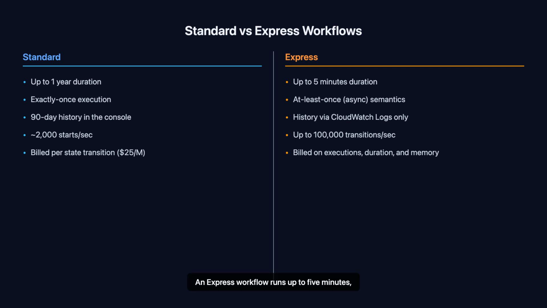An express workflow runs up to 5 minutes, uses at least once semantics when it's asynchronous, keeps history only in CloudWatch Logs, and scales to 100,000 transitions per second. The billing model here has 3 dimensions: executions, duration billed in 100 millisecond increments, and memory consumed. For any workflow that runs more than a fraction of a second, the duration and memory charges will dominate.